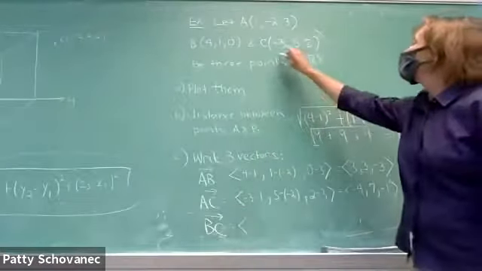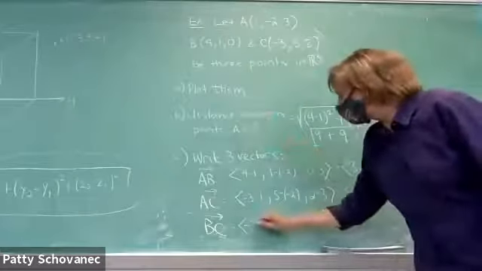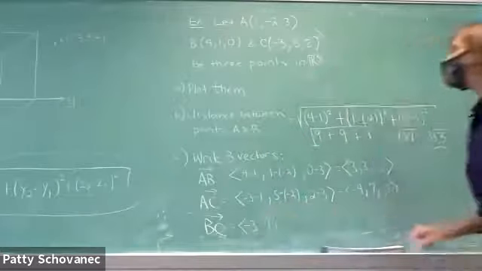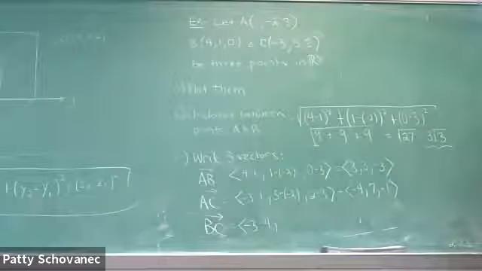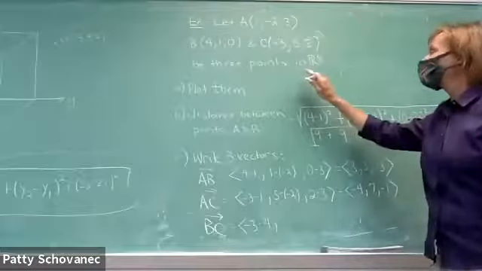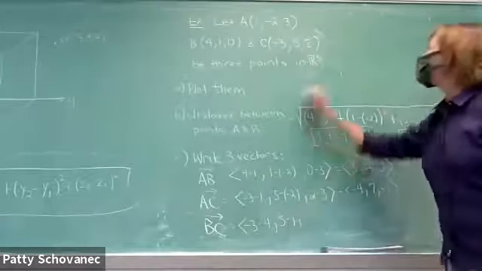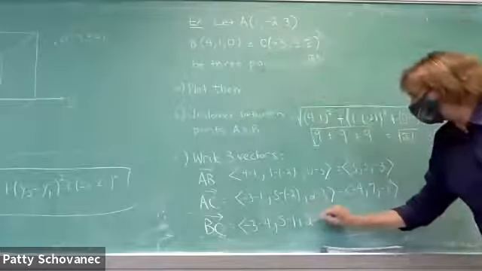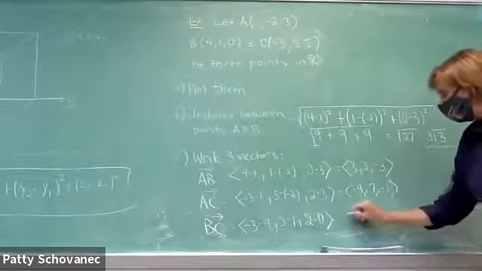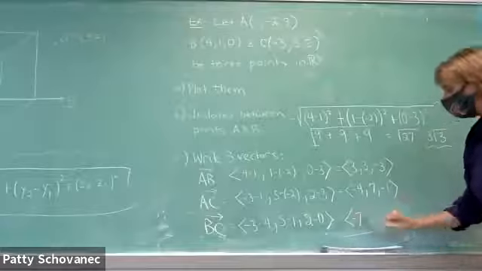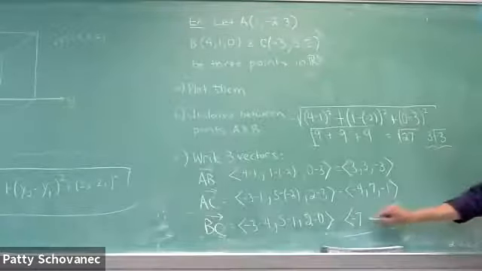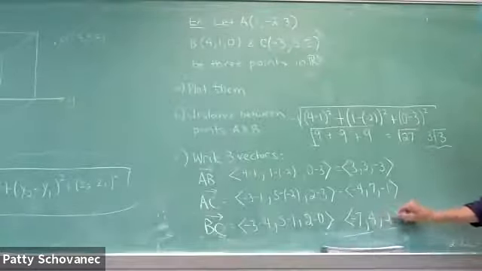Take negative 3 minus 4, 5 minus 1, and 2 minus 0. So we get negative 7, 4, 2.